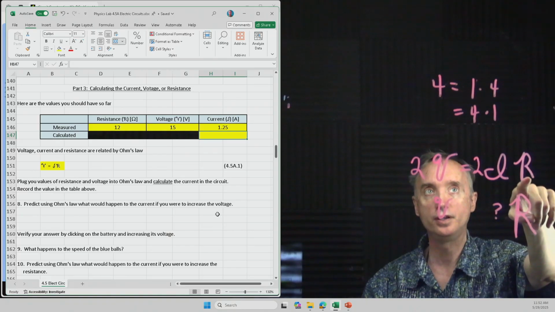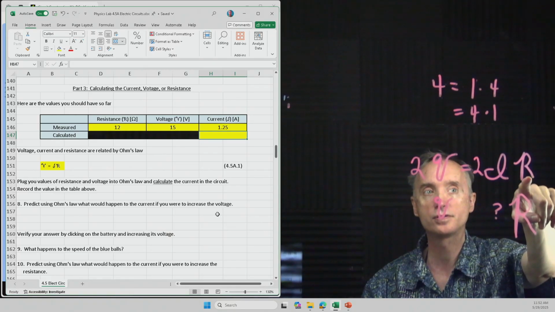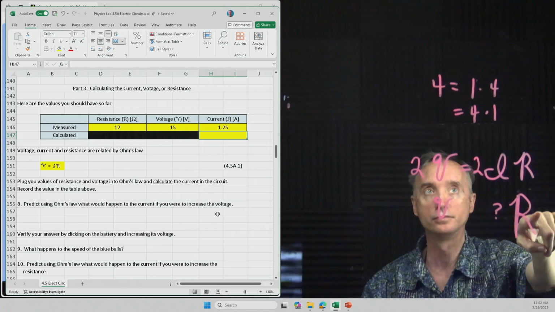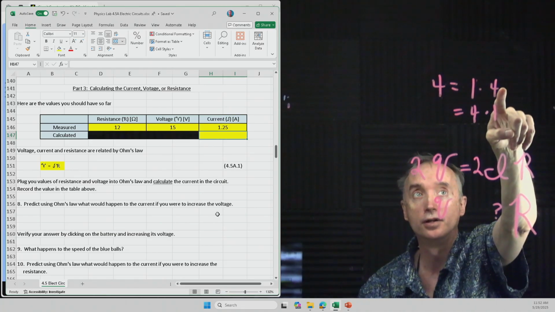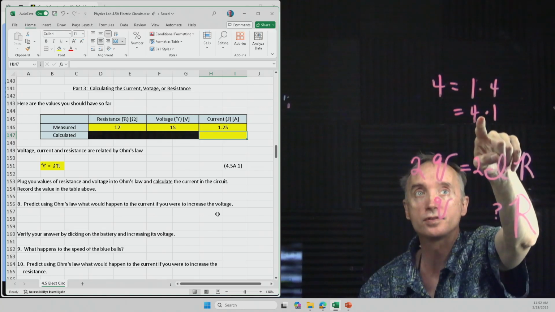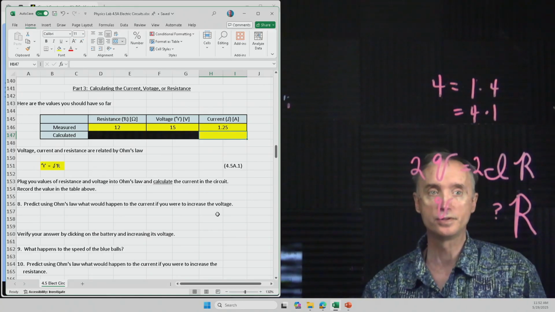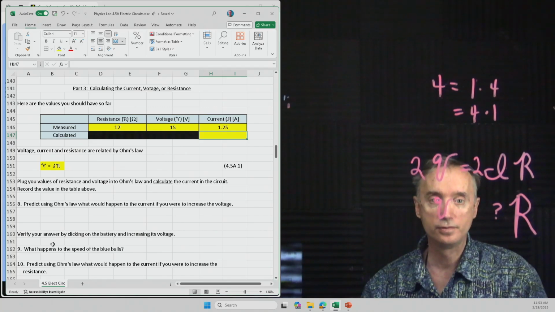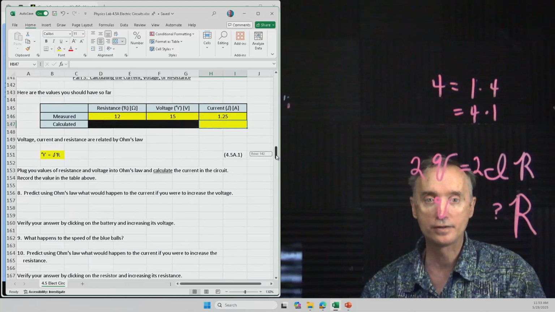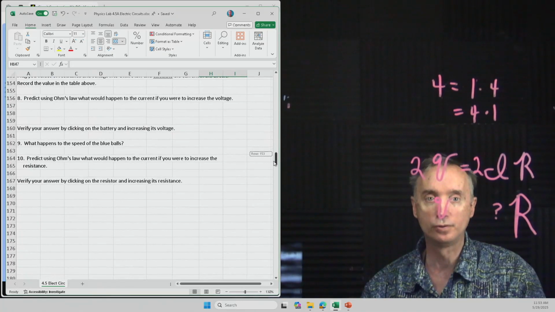So what we're doing here is we're making this number here bigger. So this number got bigger. So therefore, what did this number do in order to compensate? Okay, and then take that and then answer the question down here about that. So those are just some conceptual questions about Ohm's law.